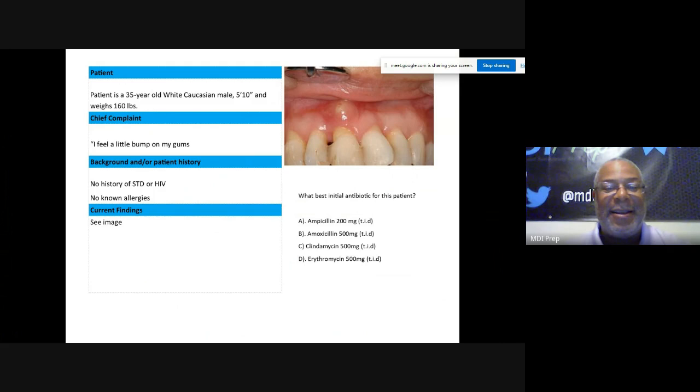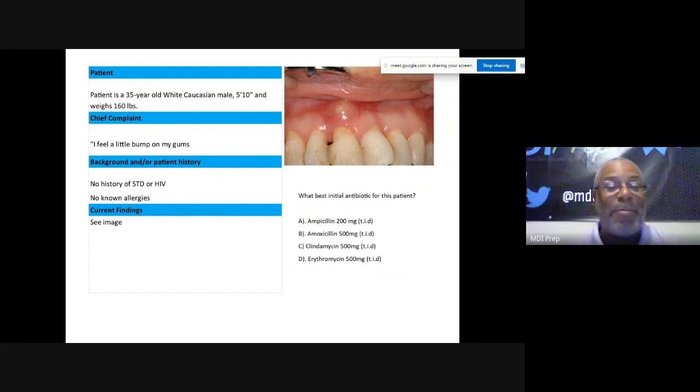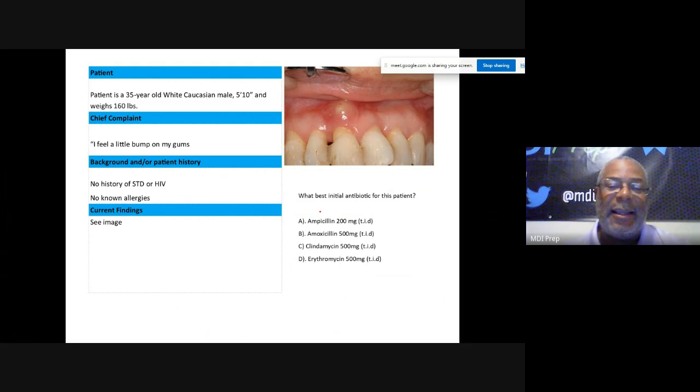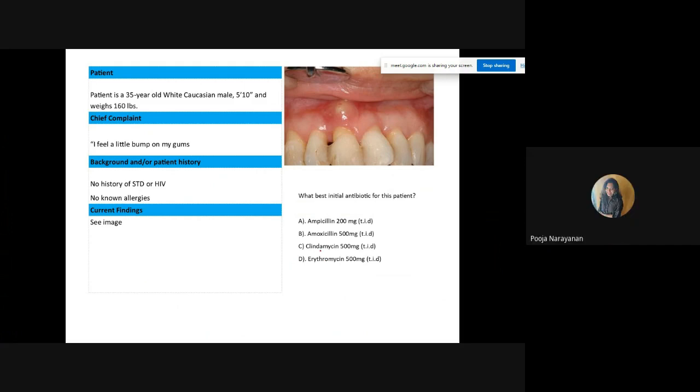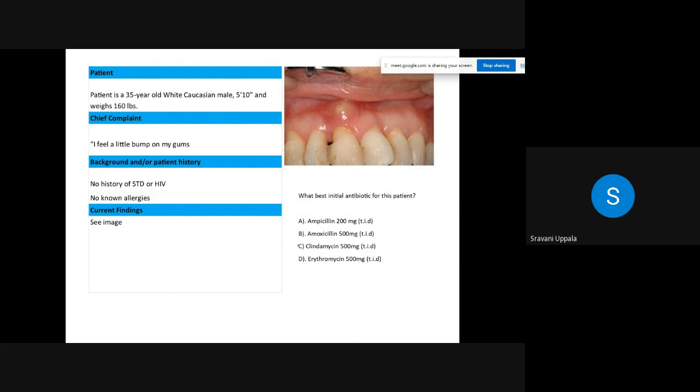I think amoxicillin would be a better option. I would also choose amoxicillin. Did you say ampicillin or amoxicillin? Amoxicillin, B. Great, B. So let's discuss this.